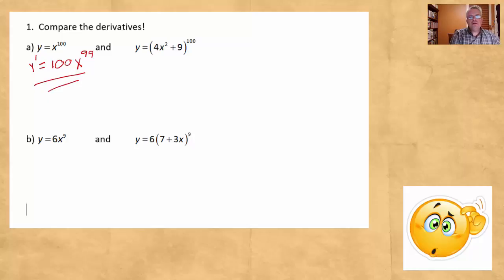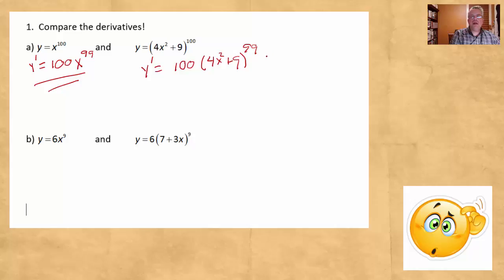Now, this is the general power rule here, a function raised to a power. It's very similar. So to find the derivative, y prime, we're going to multiply by the exponent. It's the same inside function raised to the same power minus 1, or 100 minus 1, which is 99, times the derivative of the inside function.